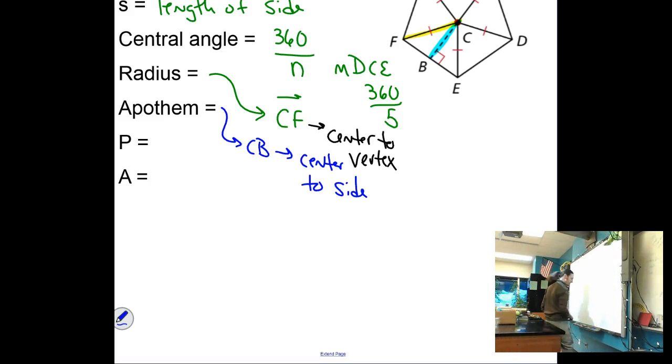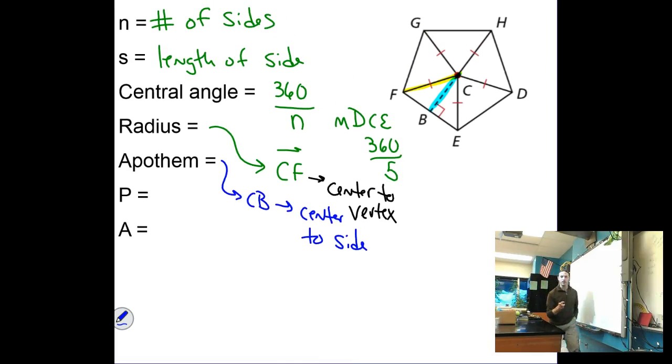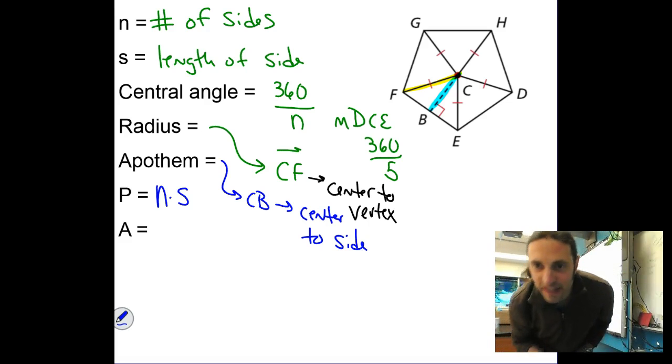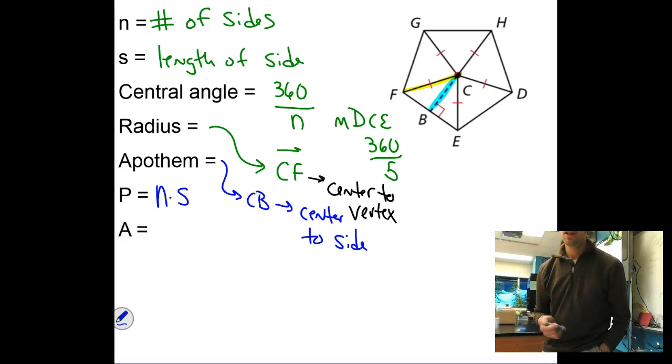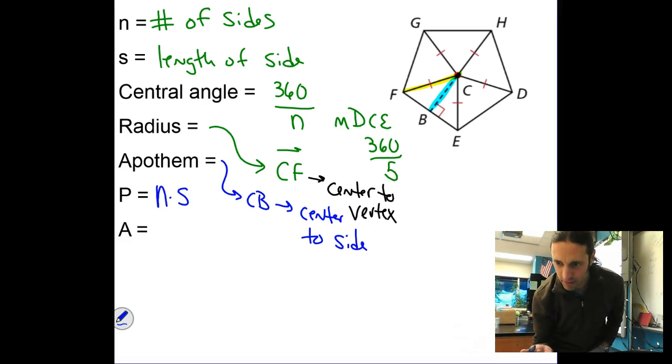Now, wait a minute. The perimeter, I just said before, is find the length of each side and multiply it by the number of sides. Well, the area, fascinatingly enough, is the area of each triangle multiplied by the number of triangles.